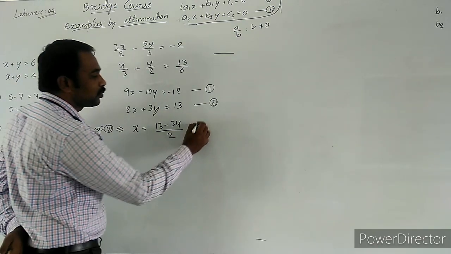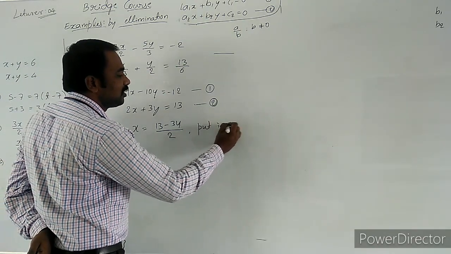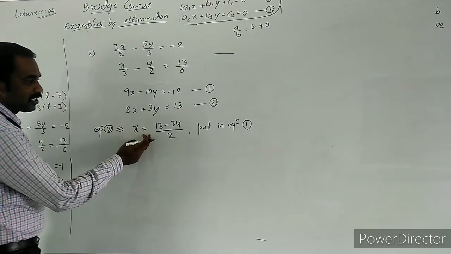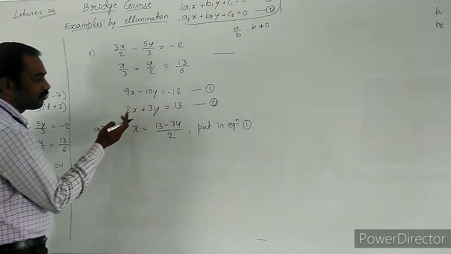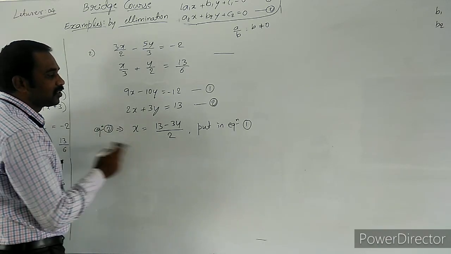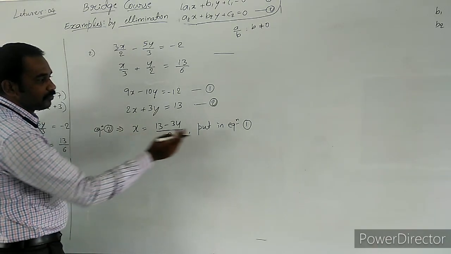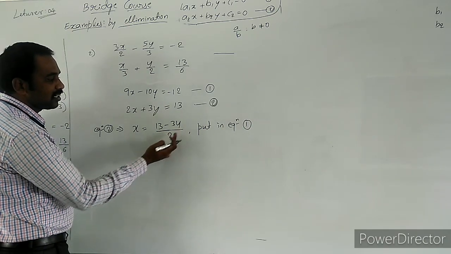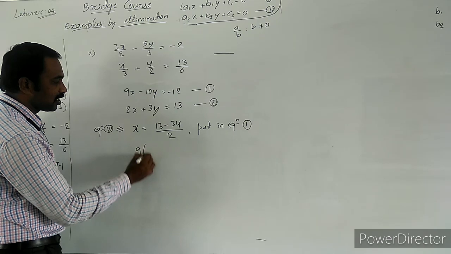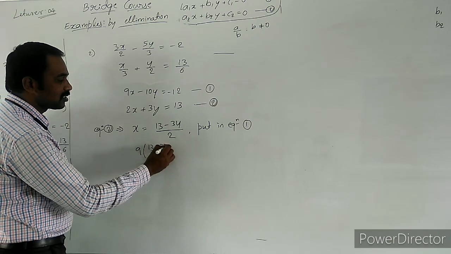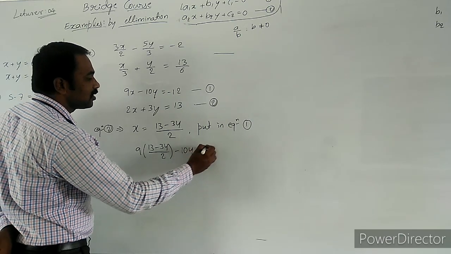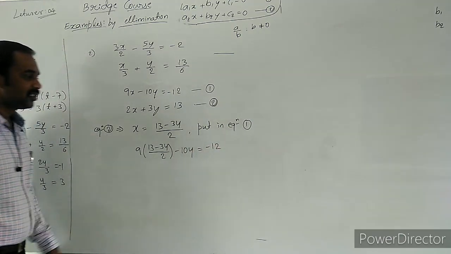Put this x value in equation number 1, because I have already rewritten equation number 2. So for x equal to 13 minus 3y divided by 2, equation number 1 implies 9 into 13 minus 3y divided by 2 minus 10 into y is equal to minus 12.